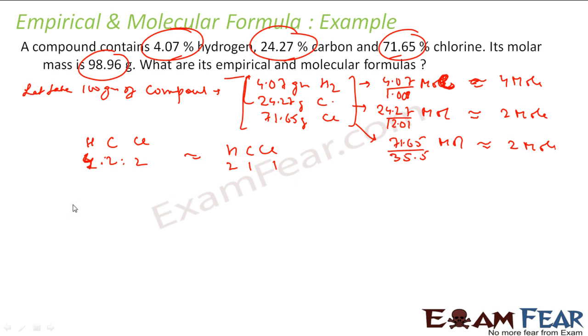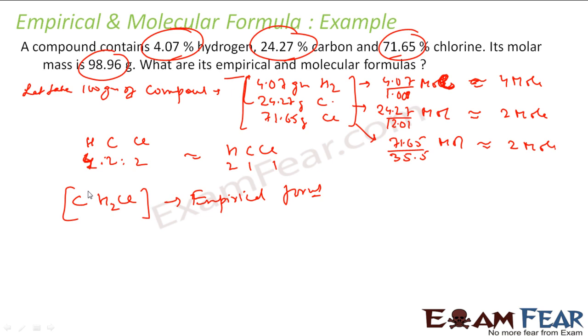So the empirical formula is carbon first, hydrogen next and chlorine next. Carbon is 1, hydrogen is 2 and chlorine is 1. This is my empirical formula. For the empirical formula, we just need the percentage composition. We have the percentage composition in grams, we converted it to moles, and we find that this ratio in moles is nothing but my empirical formula.